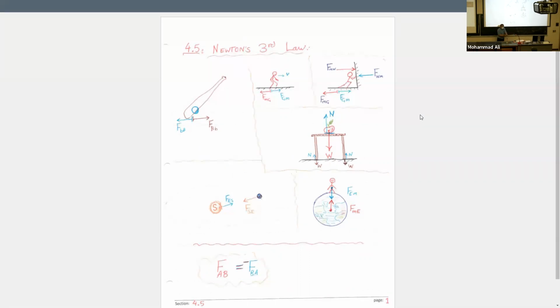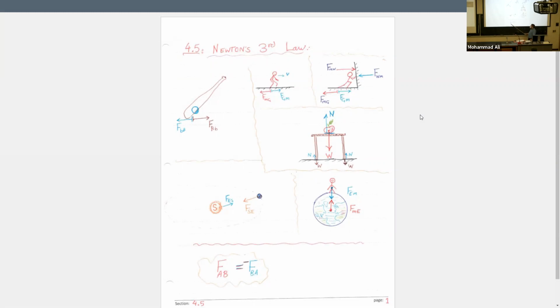If you hit something, you can sense there is pushing on that bat. Also, if I push a wall forward, this wall is also pushing me backward. In this case, we have a force and a normal force, which is a reaction. We have F_MW, which is the same as F_WM, but in opposite direction.